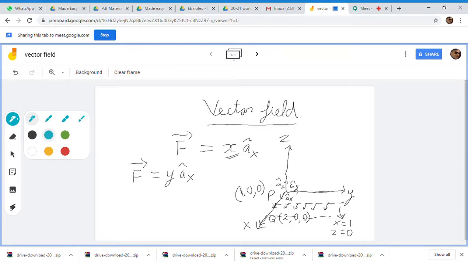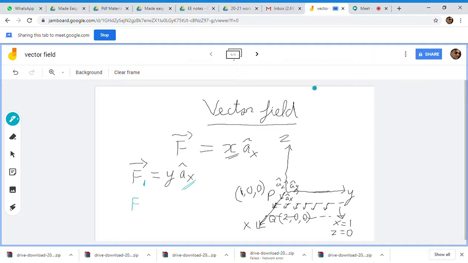Take your pen and just try drawing this vector. Let me call it F1. So you need to draw this F1 vector. Just do it for yourself, and then you can comment or speak out that you have done it.